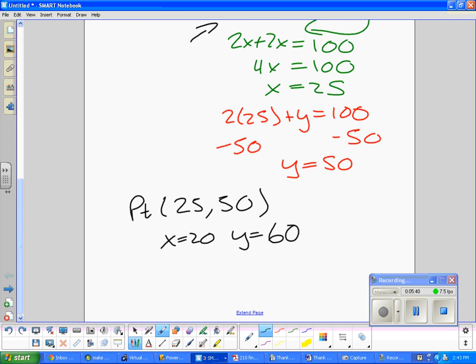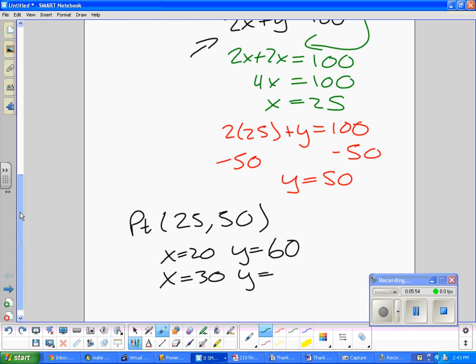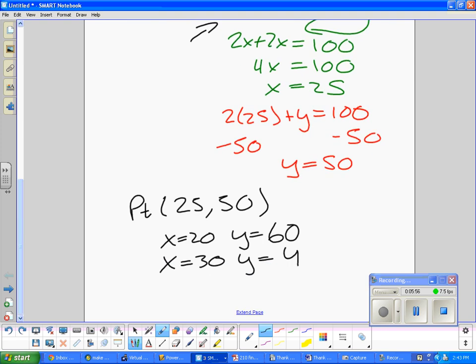And the same amount in the other direction, 30: 30 times 2 is 60, so we'll get 40 for our y value.